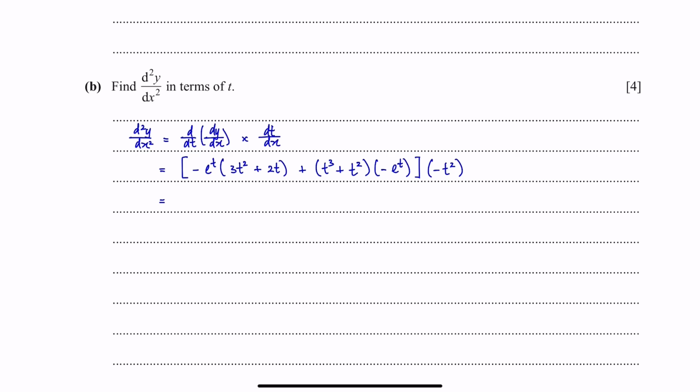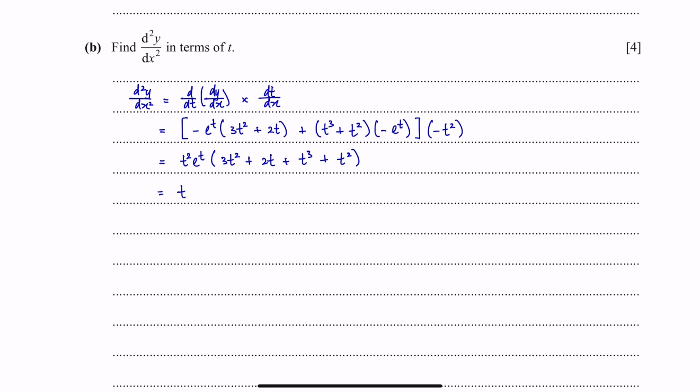And we would now get t squared times e to the t times (3t squared plus 2t plus t cubed plus t squared).